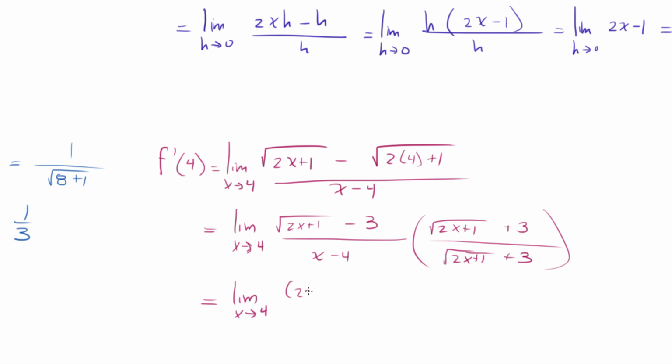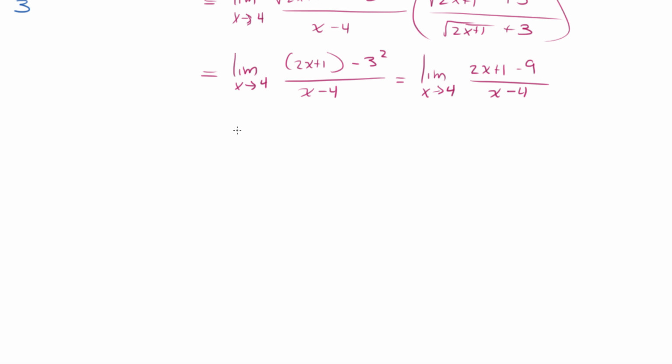It's going to be 2x plus 1, because it's the square root squared, then minus 3 squared. Okay, so now you got 2x plus 1 minus 9 over x minus 4.